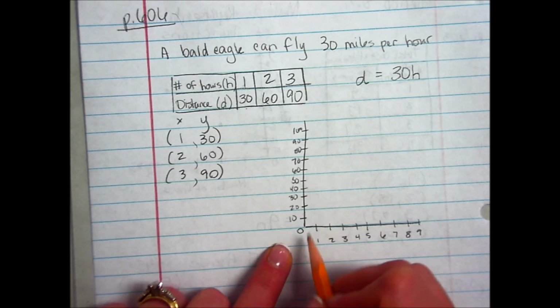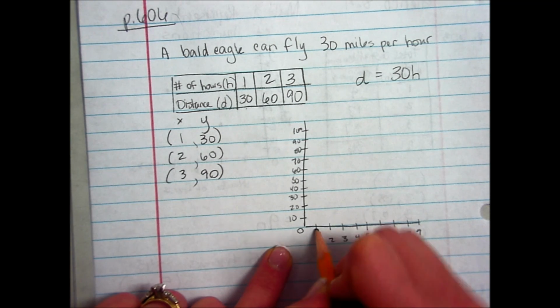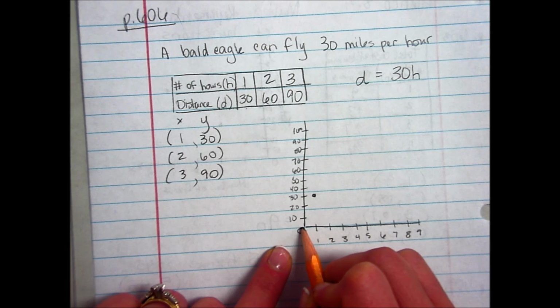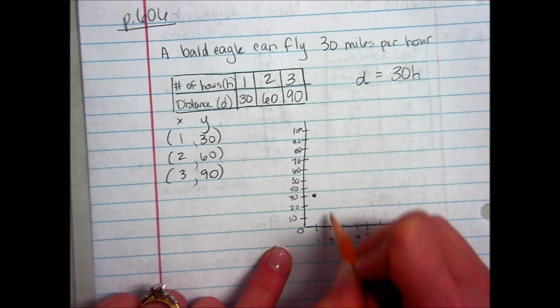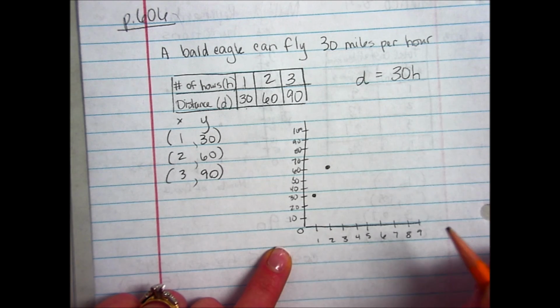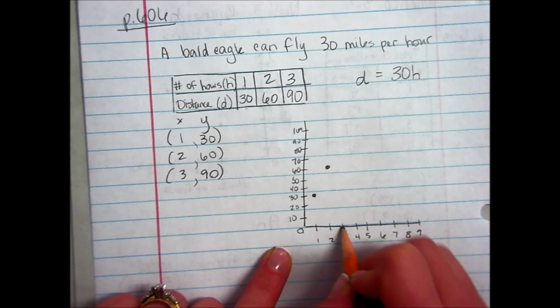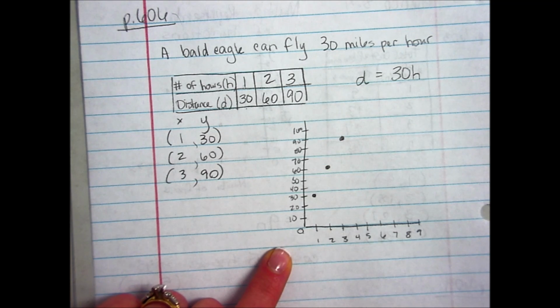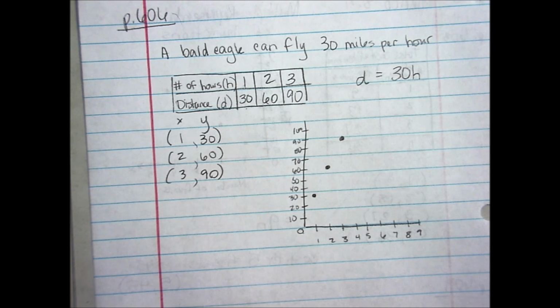All right, so the first one, 1 and 30. Go back to the origin, 2 and 60. Origin, 3 and 90. Will this be a linear equation? Yes, ma'am. It will. Does anyone have a question?